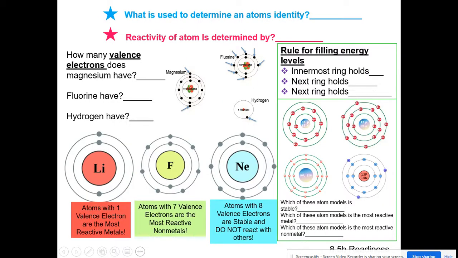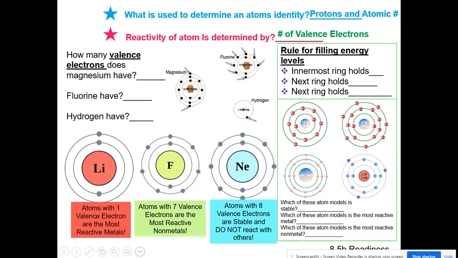What is used to determine an atom's identity? The number of protons, the atomic number. The atomic number determines an atom's identity. The reactivity of an atom is determined by its number of valence electrons. Valence electrons determine an atom's reactivity.